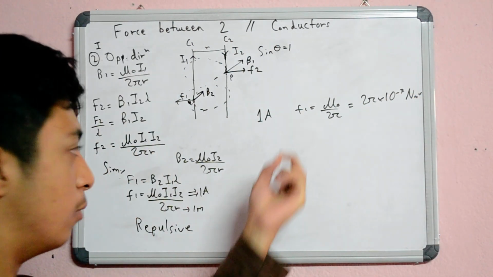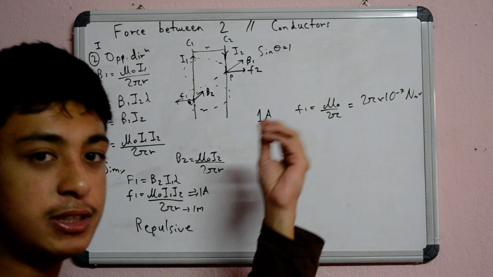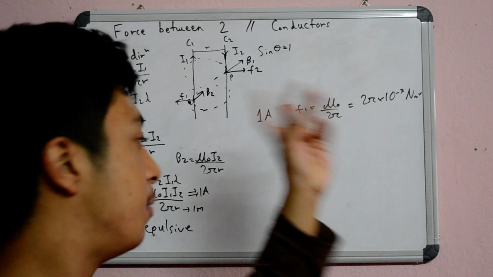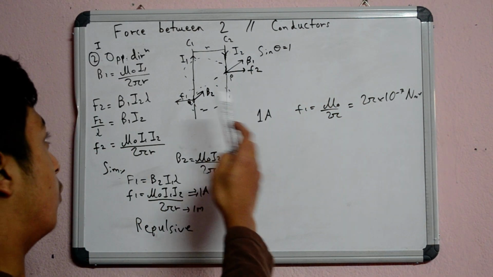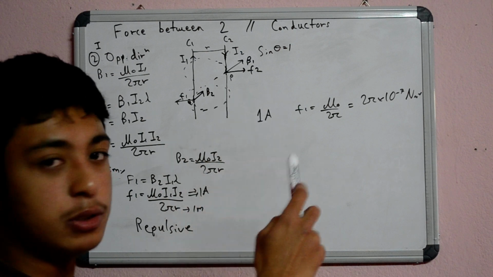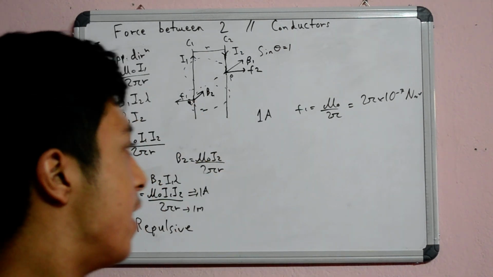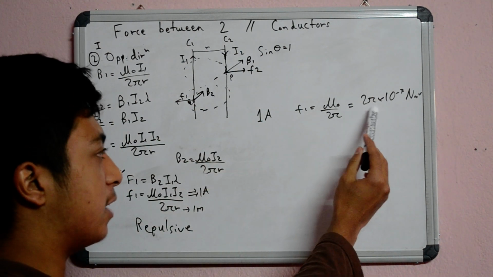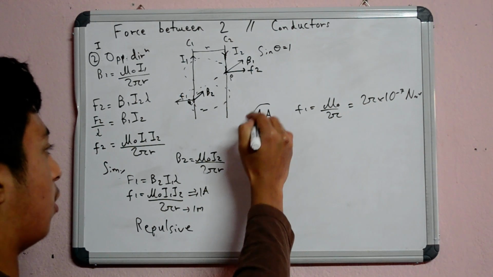The definition comes from here. A current is said to be 1 ampere when the force per unit length between two parallel conductors in a vacuum separated by 1 meter is 2 into 10 power minus 7 Newton per meter. That is the definition of 1 ampere.